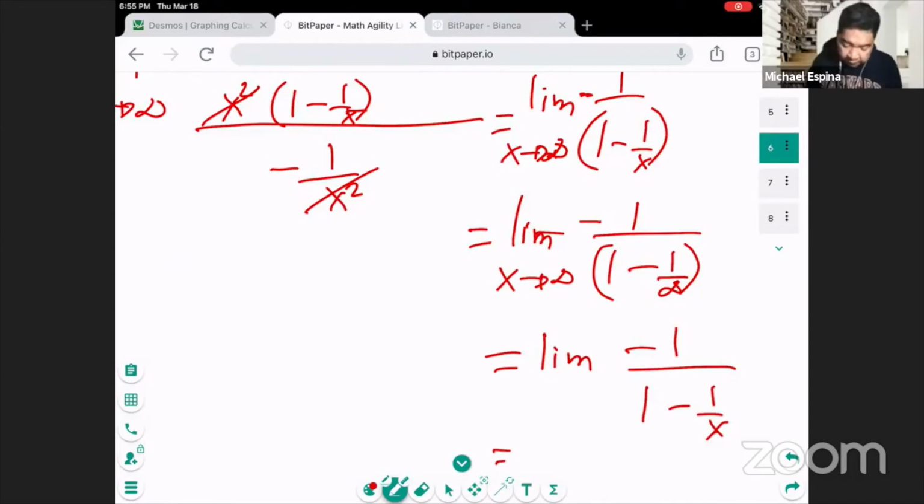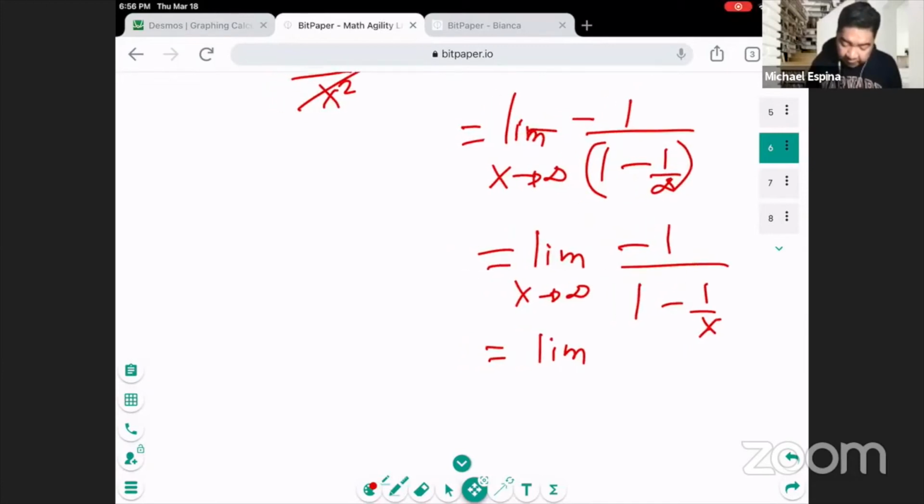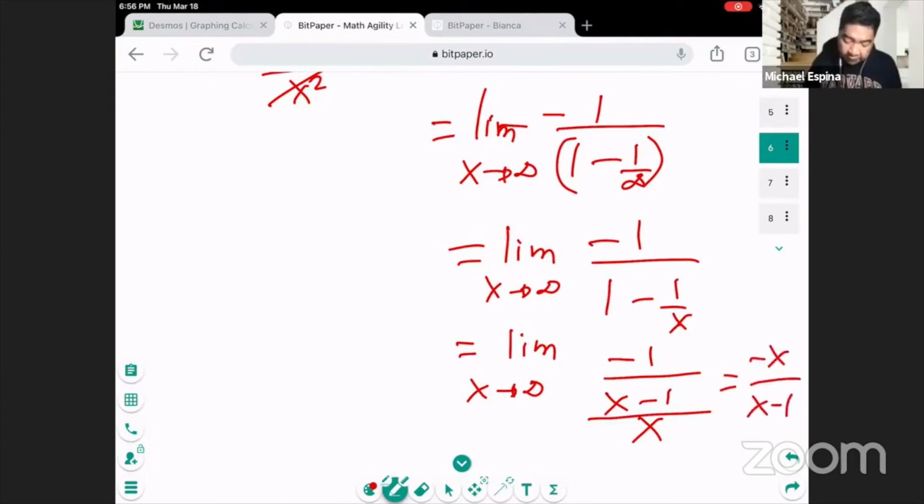Instead of taking the limit directly, let's combine the x, which gives us negative 1 over (x minus 1 over x), and then the x goes up, so negative x over (x minus 1) as x approaches infinity.